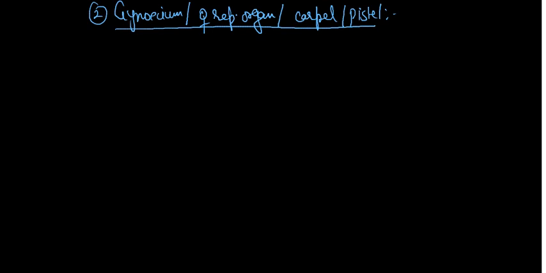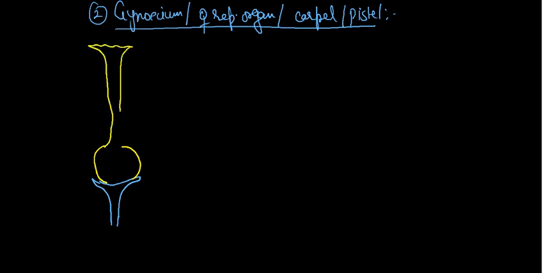We all know that below is the thalamus region, and if we clear the calyx part, we will see the female reproductive part. This is the diagram of the female reproductive organ.